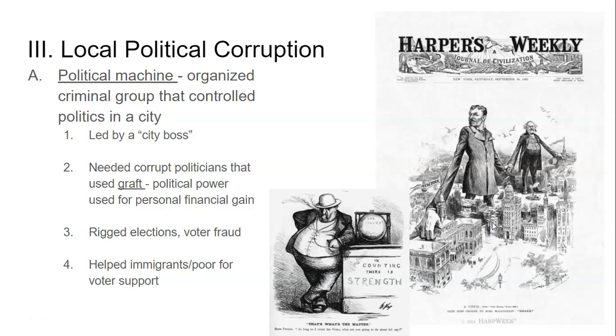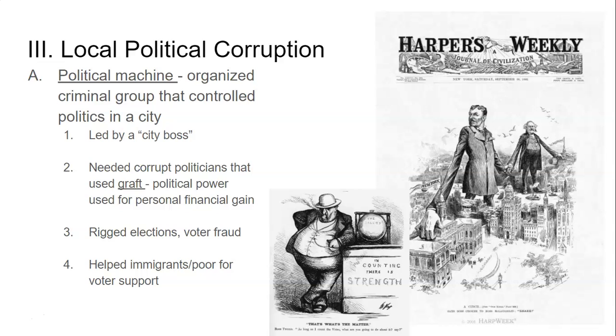A political machine is essentially an organized criminal group that controls politics in a city. Every large American city in the 19th century was ruled by political machines. At the head of the political machine would be a city boss, and then there would be these corrupt politicians as well as other people in on the political machine.